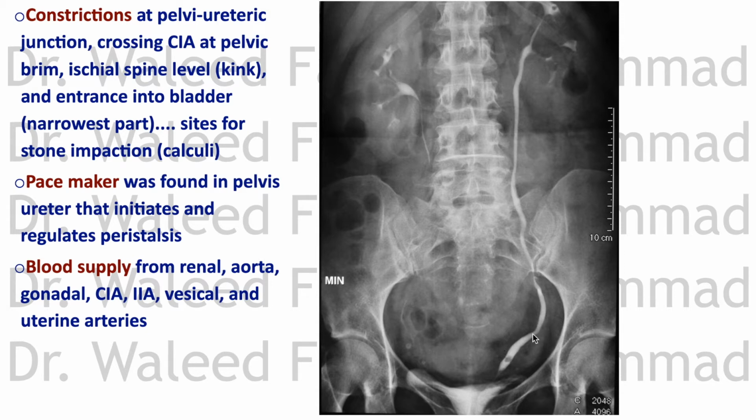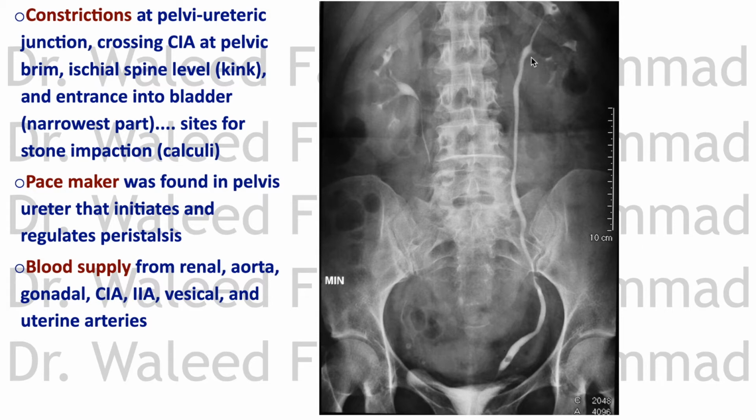A kink will make a constriction in the lumen of the ureter, and another as it opens into the urinary bladder, because it doesn't open directly into the urinary bladder, it pierces the wall of the urinary bladder and has an intramural part, which runs partly in the muscle wall of the urinary bladder and then opens inside the urinary bladder. Okay, so remember this. These are the sites of constrictions.